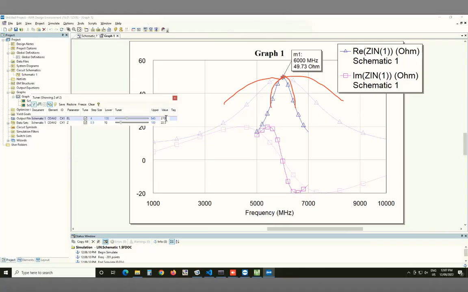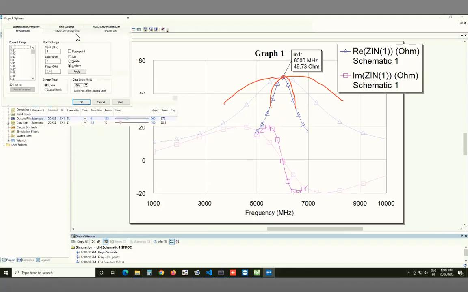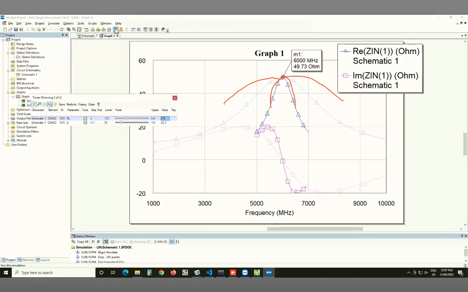So for lambda by 2, it doesn't. Sorry, 180.